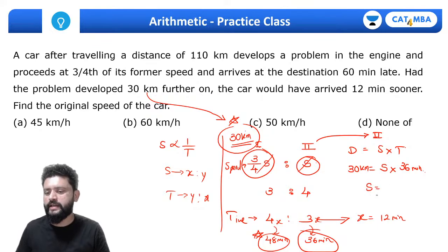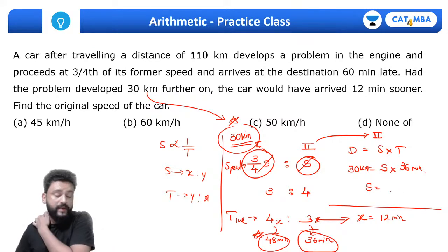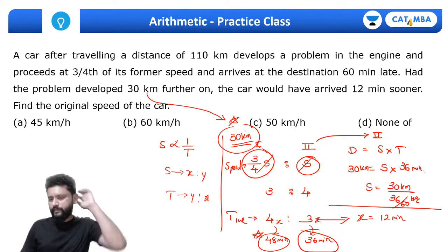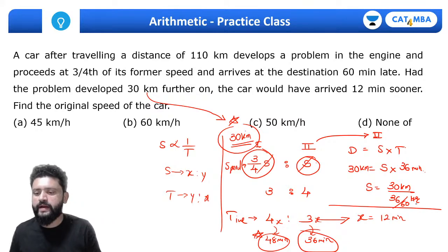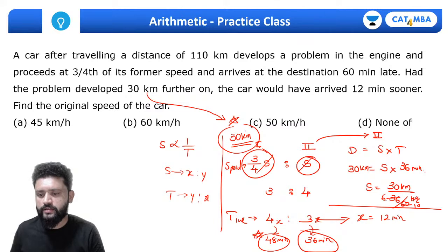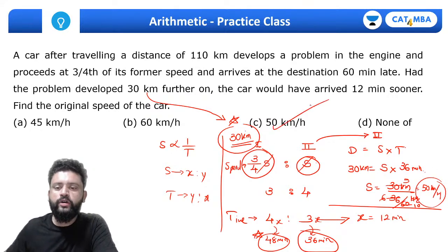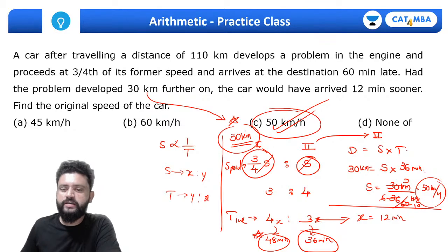So the speed of the train or car is 30 kilometers divided by 36 minutes, so first divide by 60 to convert to hours. So do the calculation part now. 6 tens are 60, 6 5s are 30, which comes out to be 50 kilometers per hour. I hope you will be able to do the calculation at your own, which is answer option C, the correct answer here.